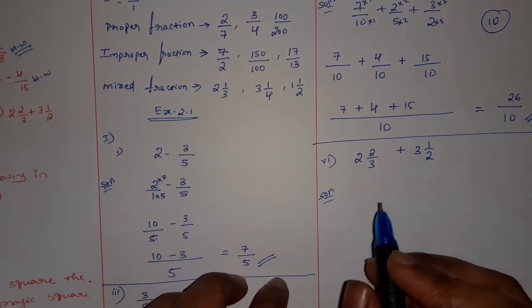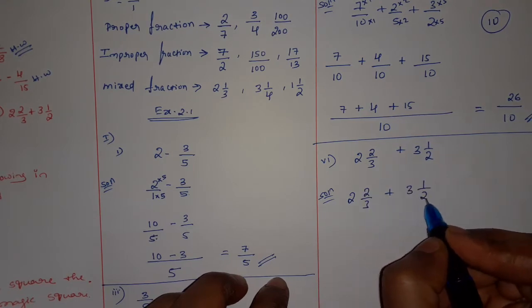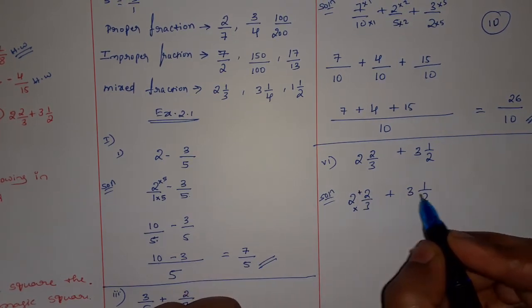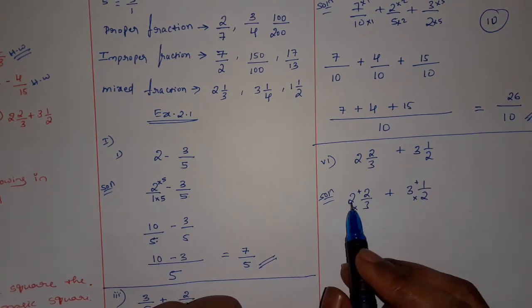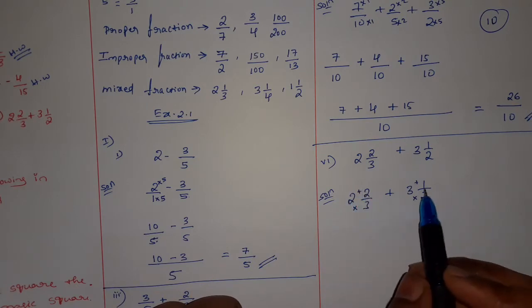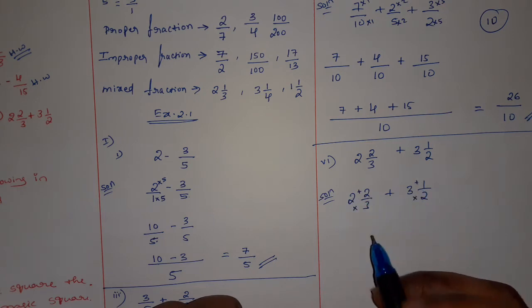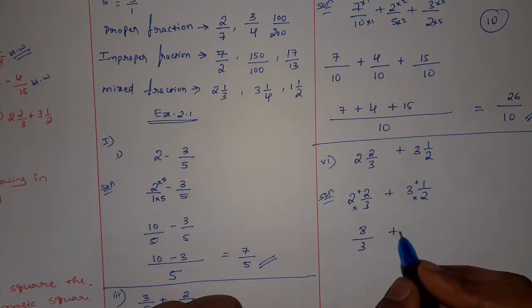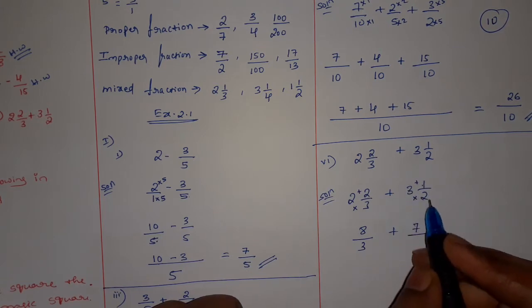See, in the first method what I will do, I will convert this 2 2 by 3 plus 3 1 by 2, and we know how to convert any mixed fraction into improper. Here multiplication, here addition. You learned these things in 6th standard. 3 2s are 6, always multiplication in the denominator, in here addition. 3 2s are 6, 6 plus 2 is 8, and this denominator remains same, plus 2 3s are 6, 6 plus 1 is 7, this denominator same.